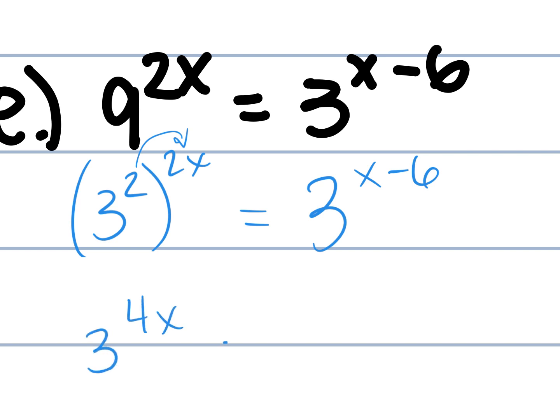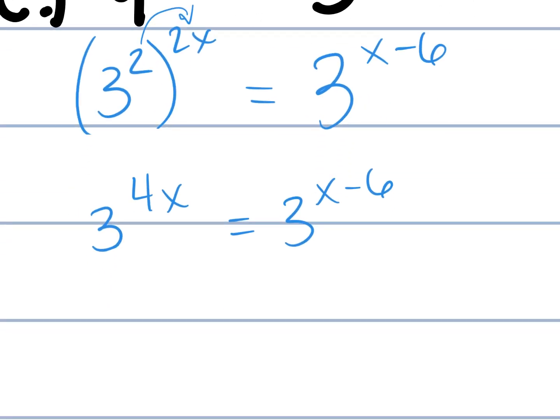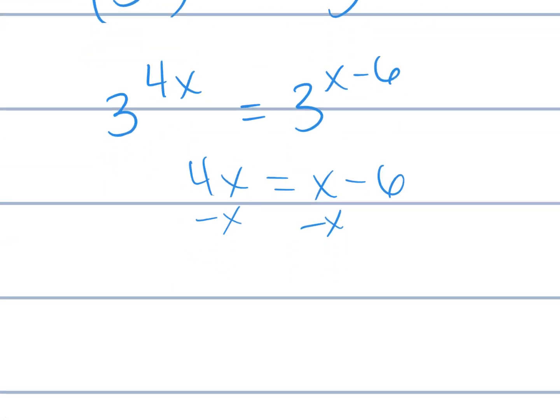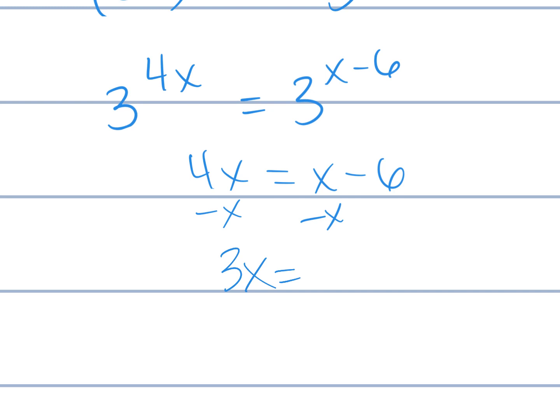So 3 to the 4x equals 3 to the x minus 6. What's my equation with the exponents? 4x equals x minus 6. Someone solve it. Go ahead, Caitlin. You subtract x, and then you get 3x equals -6. Divide by 3, and you get x equals -2.